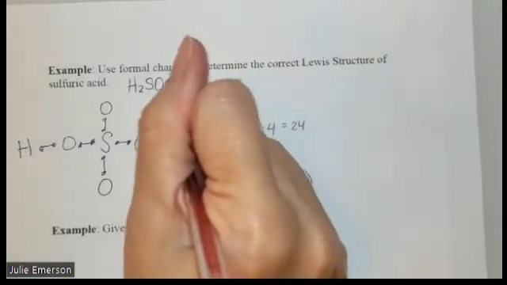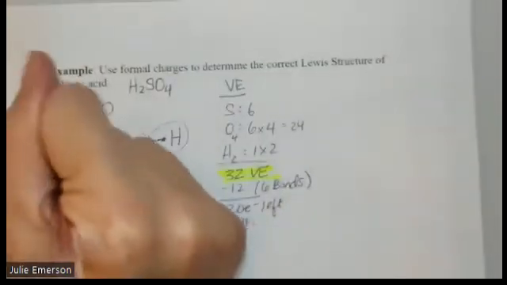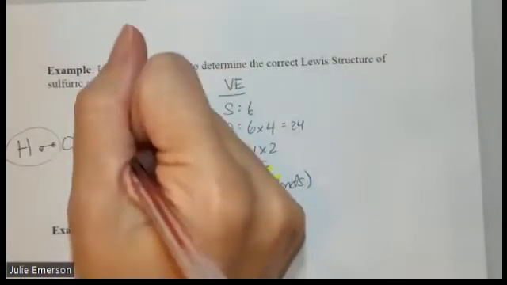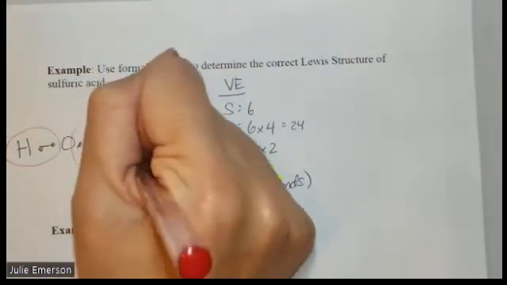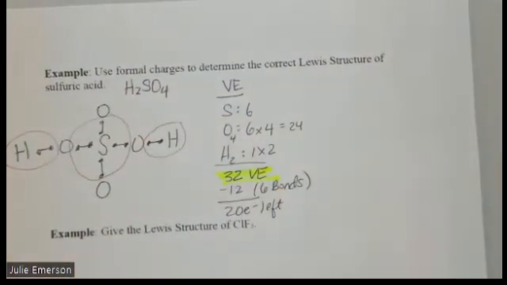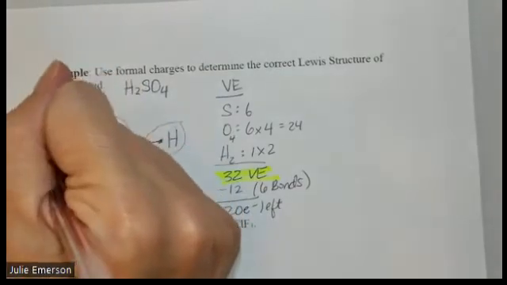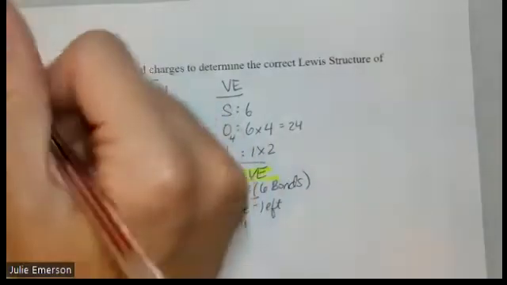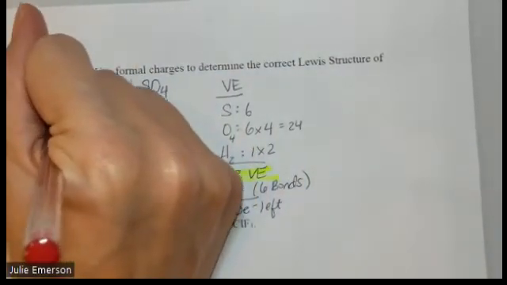All right, the hydrogens are good, right? Duet rule, as soon as hydrogen has a bond, hydrogen is good. The sulfur also looks good, right? 2, 4, 6, 8. So sulfur looks like that's done. The oxygens in the middle of hydrogen and sulfur have 2, 4, and need 4 more to get to 8.